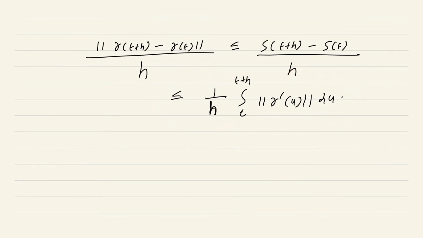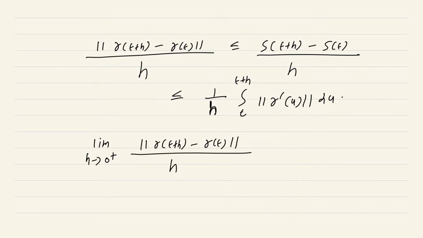Now taking the limit as h goes to 0 from the right of norm of gamma of t+h minus gamma of t, divided by h, this is clearly just norm gamma prime of t. Check that. This is a trivial check; it follows almost immediately from the definition. And this now is the place where I apply the fundamental theorem of calculus.